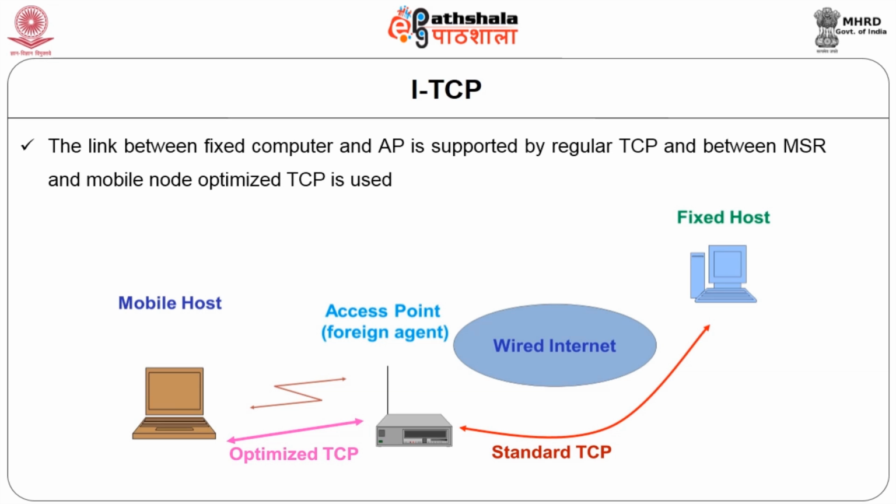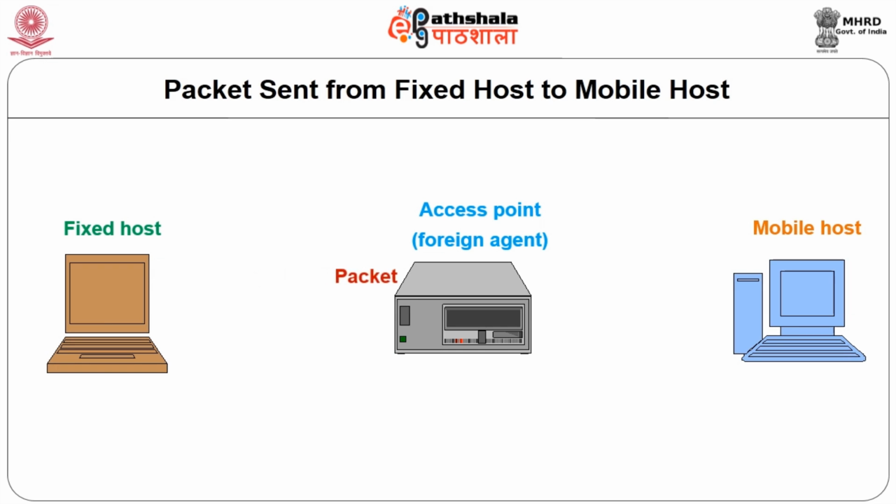Then the wireless connection between the mobile support router and the mobile host is handled by an optimized TCP, specially devised to handle wireless devices. So using this intermediate entity, the mobile host gets a special treatment as per the problems associated with the wireless network. Now what does this intermediator or the MSR do?